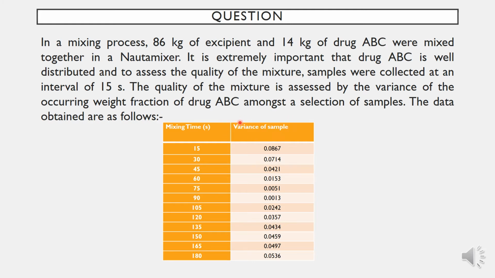I will show you what I mean by the variance later. The quality of the mixture is measured by the variance, based on the weight percentage or weight fraction of drug ABC in the sample. The data that you obtain from every 15-second interval is in the table, so you have the time and also the variance.